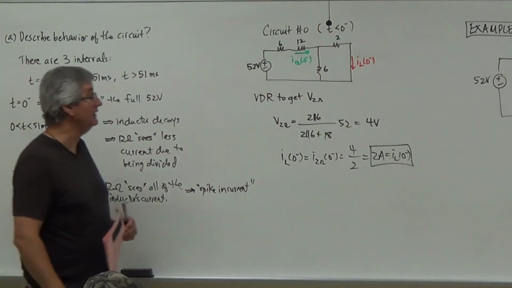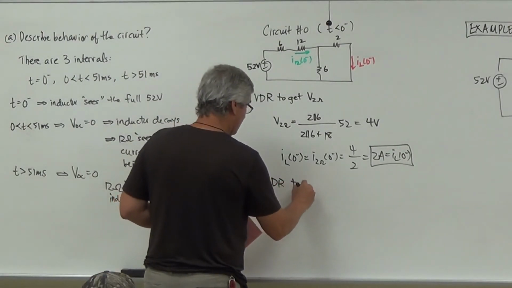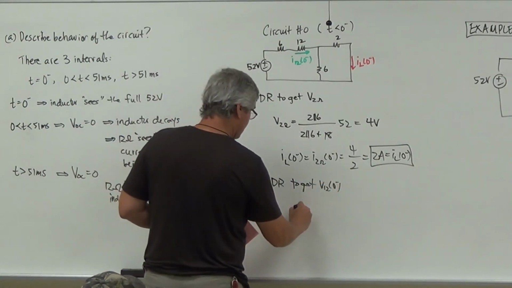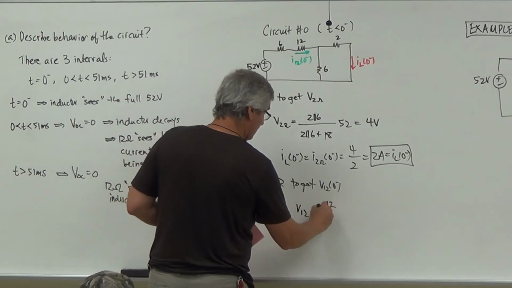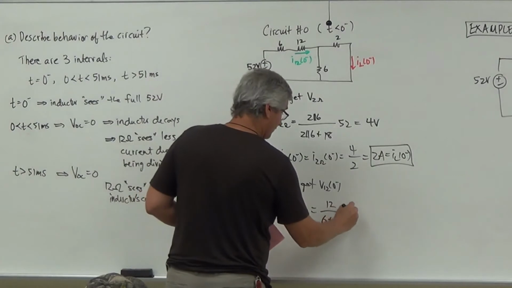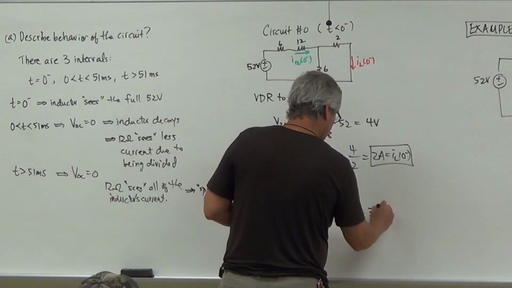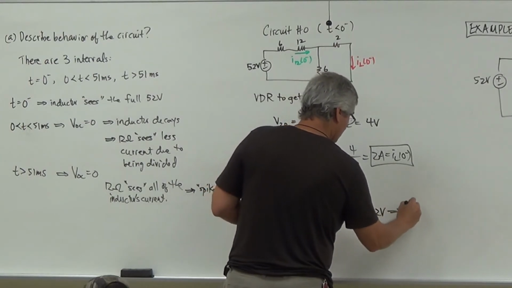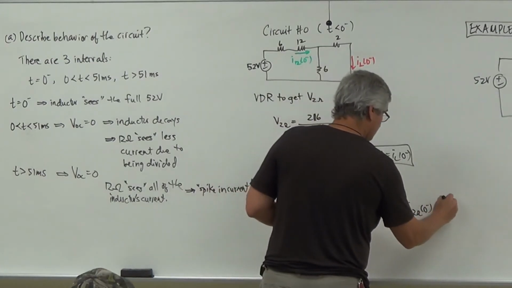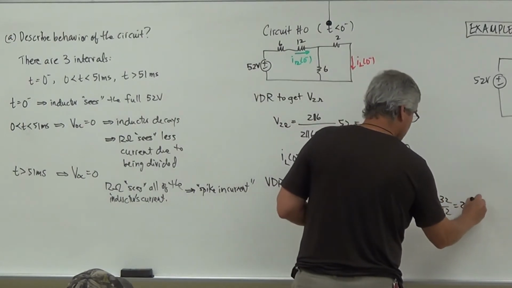Okay, if it sees 48, then using VDR to get V12 at 0 minus, I could say that V12 is going to be 12 over 6 plus 12 times 48, and I get a voltage of 32 volts, which then tells me that the current across the 12 ohm resistor will be 32 divided by 12, which gives a value of 2.67 amps.